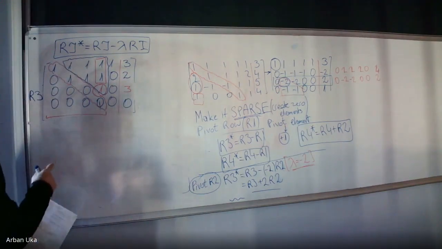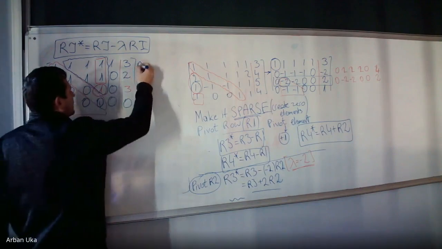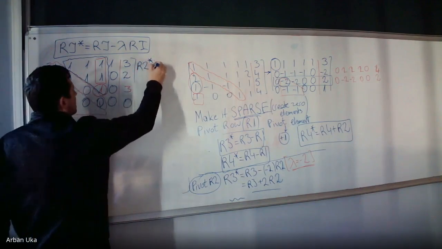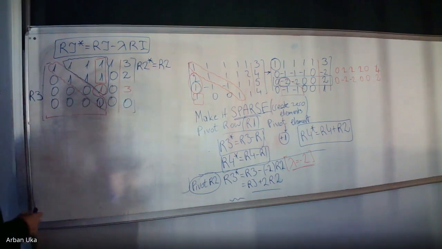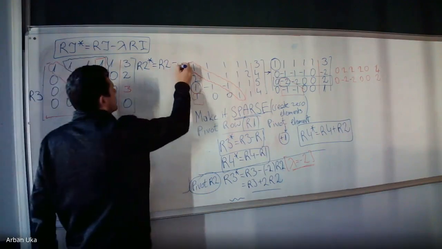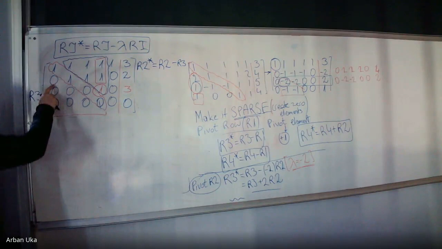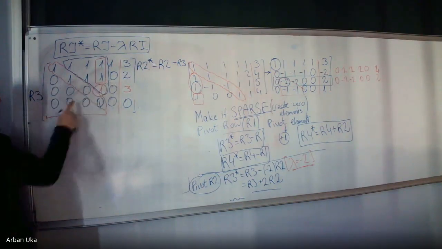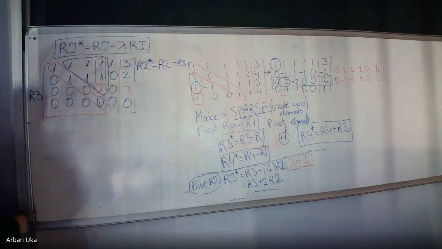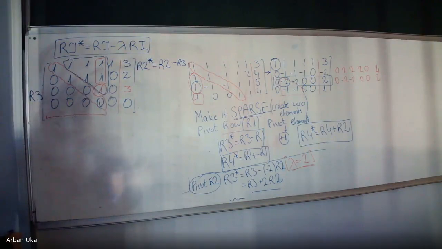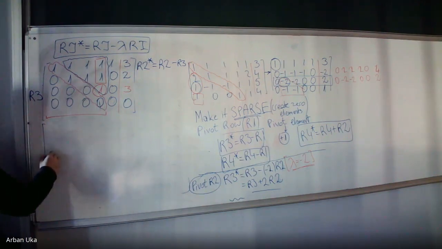So what would be the equations that we need to use? We can say that row 2 star is equal to row 2 minus row 3, okay? So we want to modify this equation by using the third one with the objective to make this 0. Let's write the whole thing.